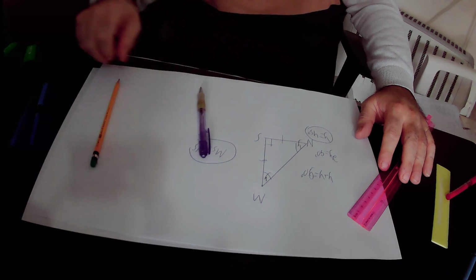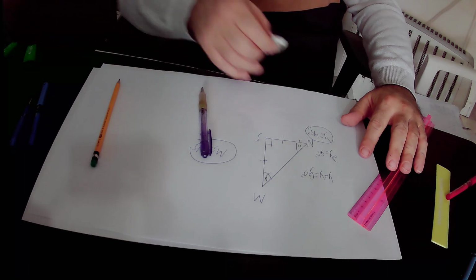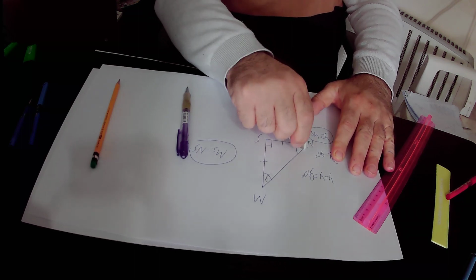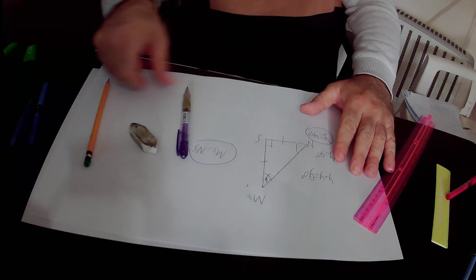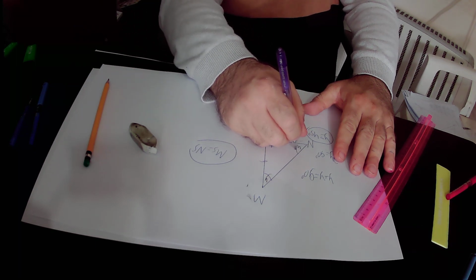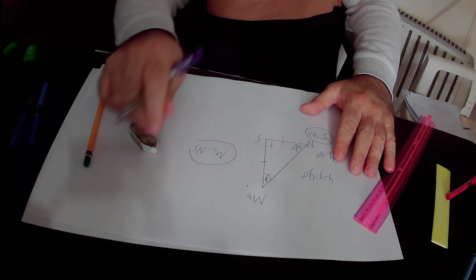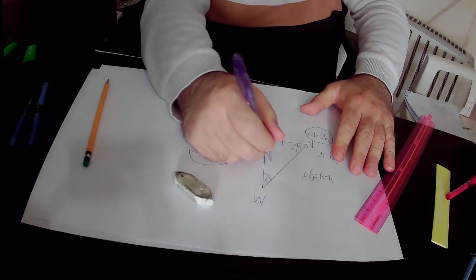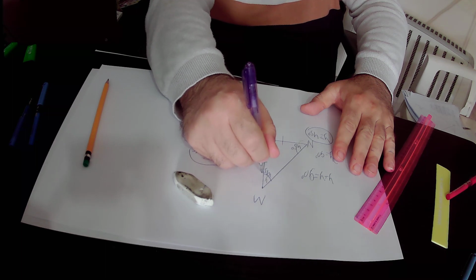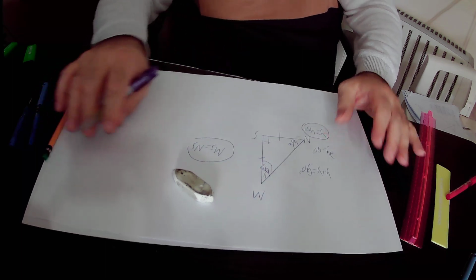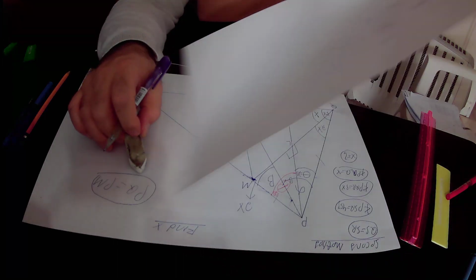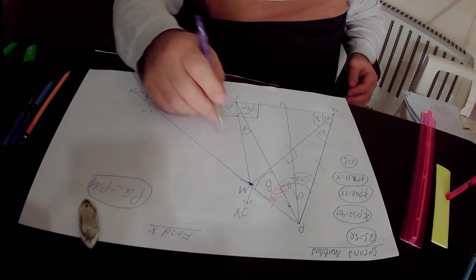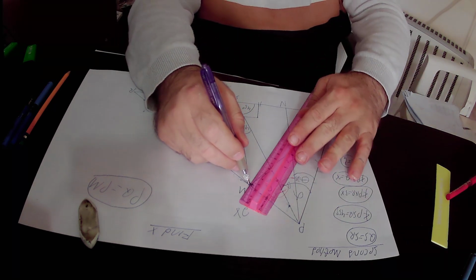So we found out that this angle MNS is equal to 45 degrees, and this angle also equals 45 degrees. So first of all, we will join points N and M together by a straight line.